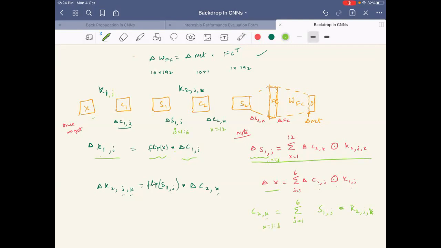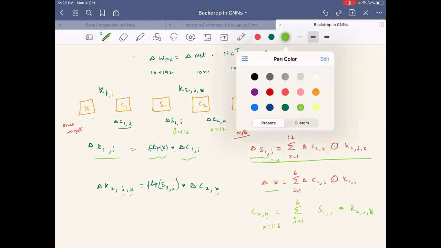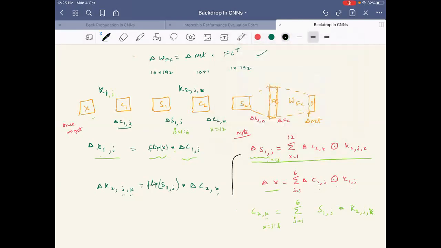Now all the 12 maps' errors with the corresponding weights add up to give the errors in the 6 maps. So these 2 equations are the forward pass and then the backward pass.